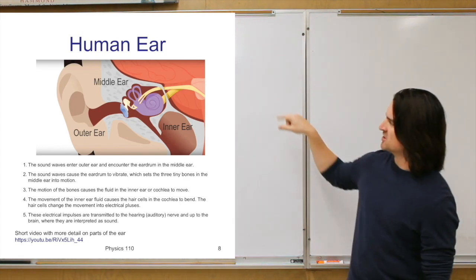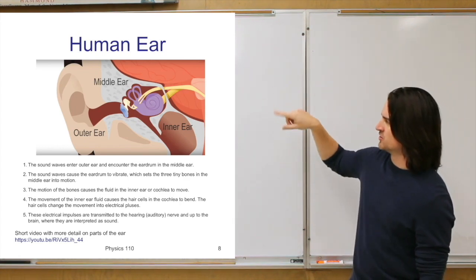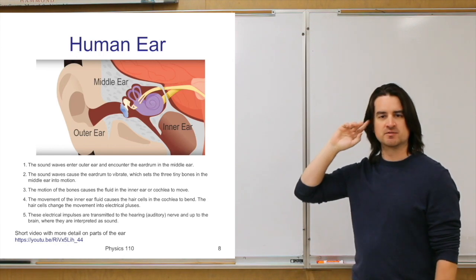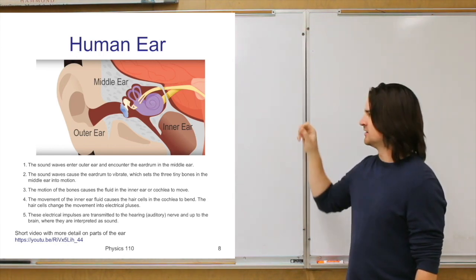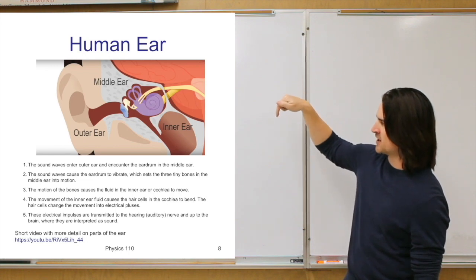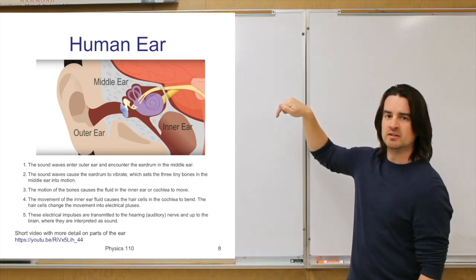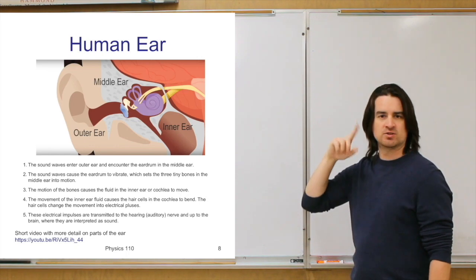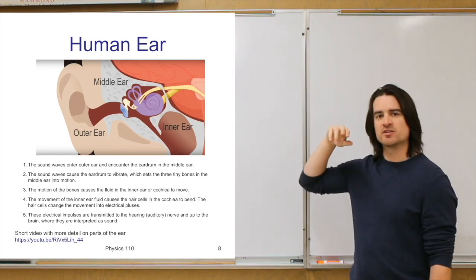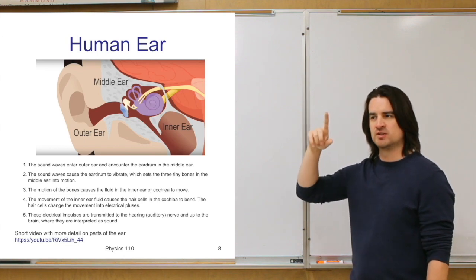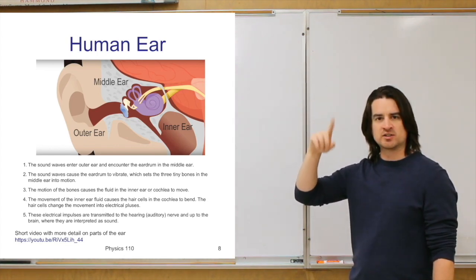Something like that. Essentially it's a snail-shell-looking structure, and inside of that structure is fluid, and there are also tiny little hairs all on the inner surface. The movement of the bones vibrates the fluid, and the fluid then vibrates the tiny hairs, and those hairs trigger electrical impulses.